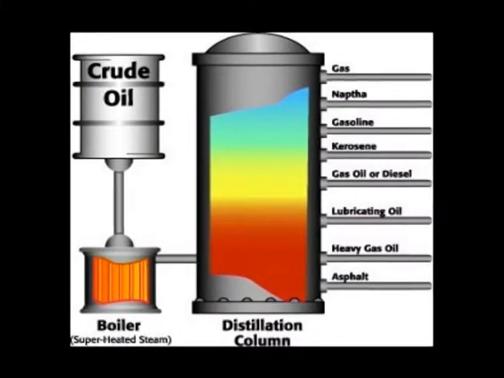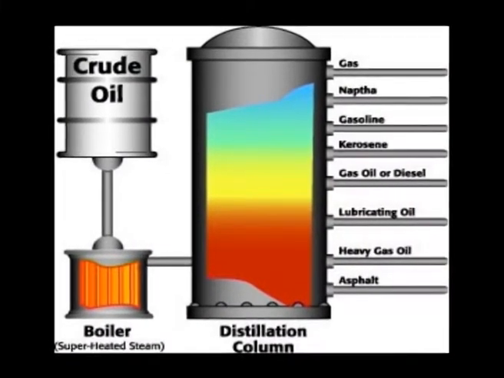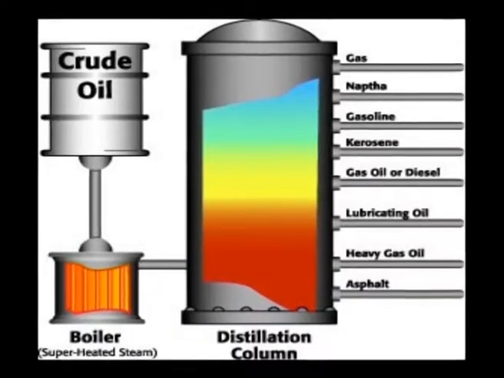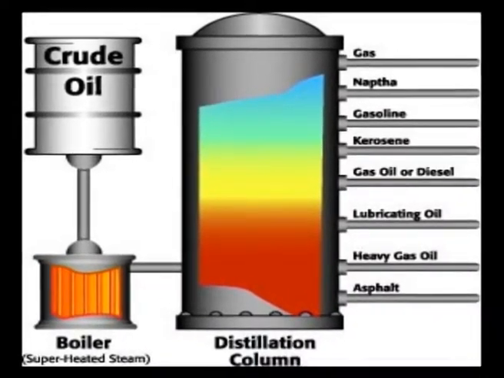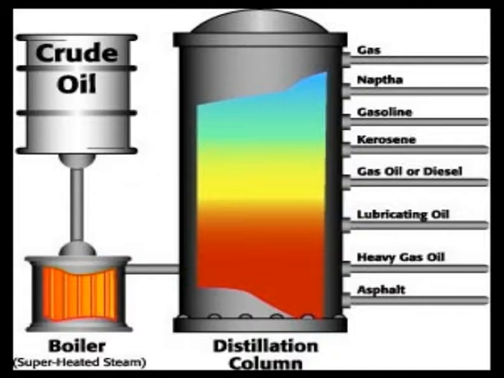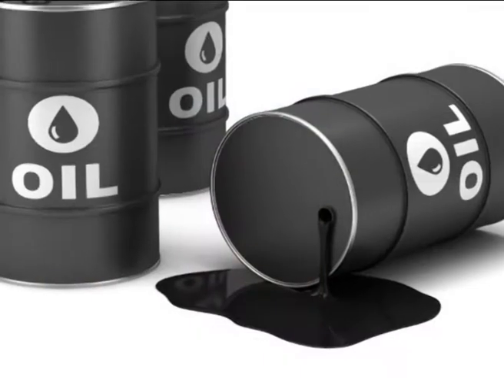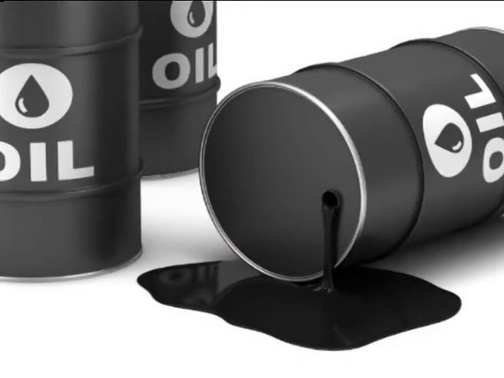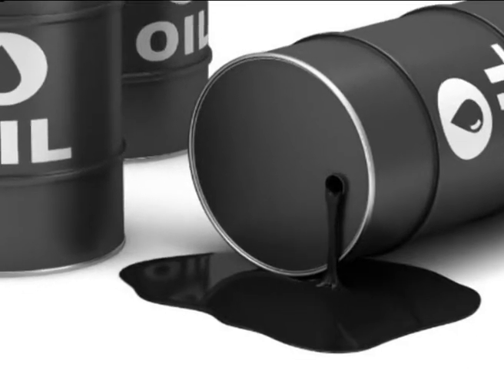At any given location in the column, there is a mixture of vapors corresponding to a liquid of particular composition and volatility. These vapors can be withdrawn from the column and condensed to form a liquid product. Such a liquid is still a mixture of many components, but in this case the components have fairly similar boiling points.